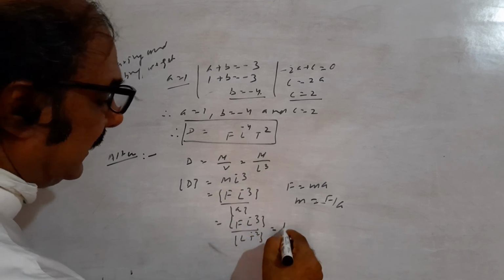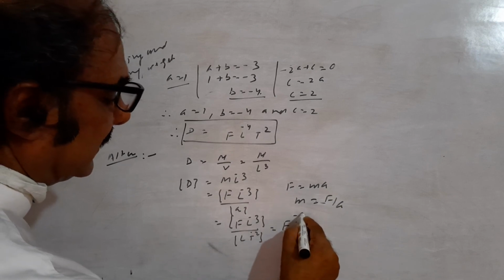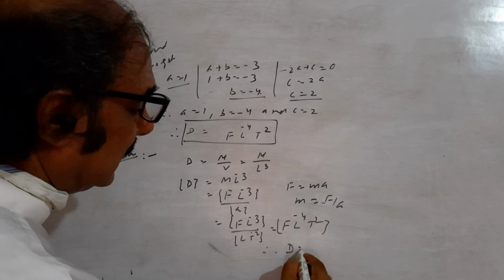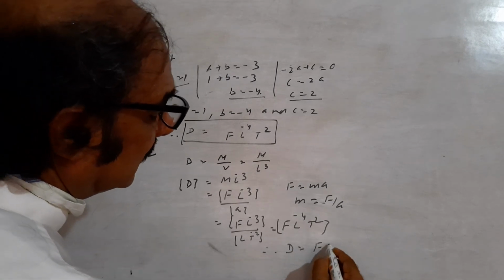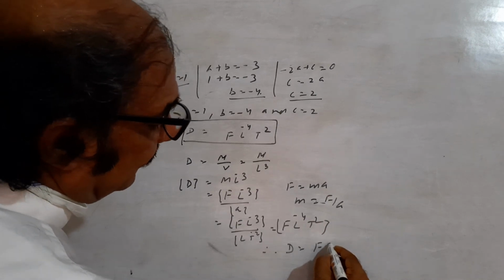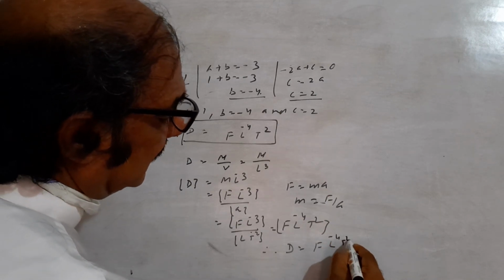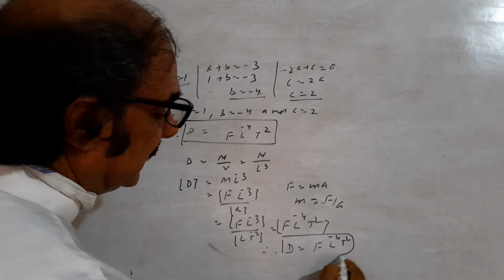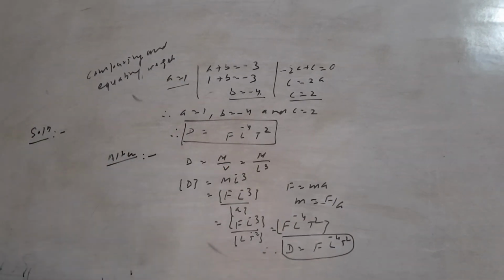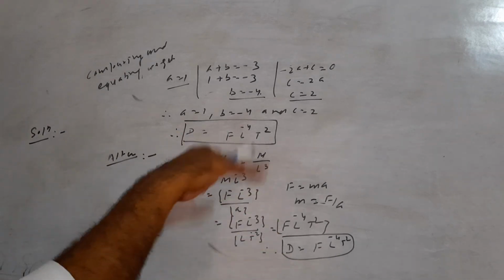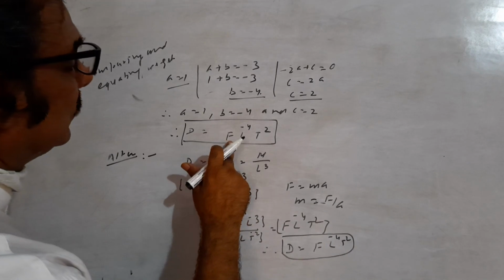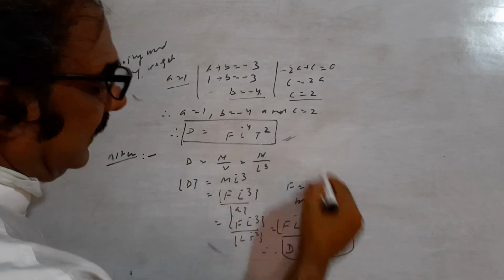Therefore density is F L minus 4 T square, and in this way the method can also be used. It is used more frequently if you are in a position to define and convert easily. So D is equal to F L minus 4 T square.